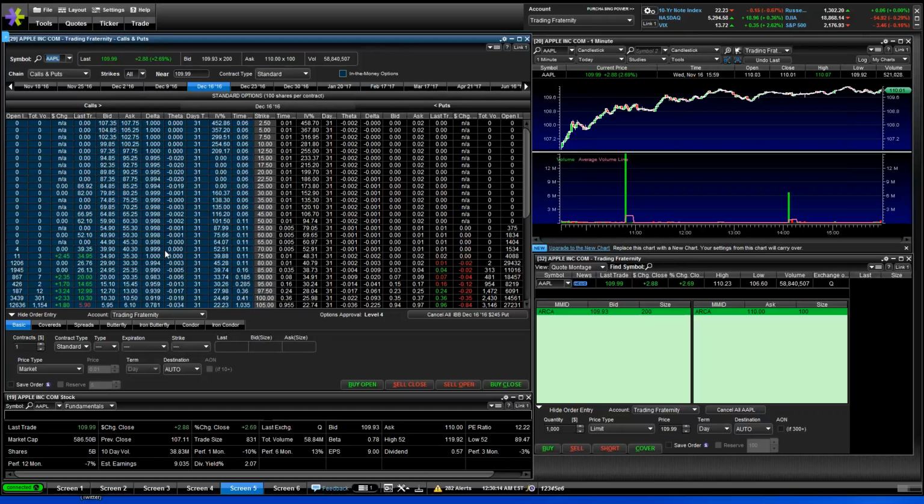A call is essentially the right to buy. You're buying a contract that gives you the right to buy a certain stock at a certain price, whereas a put gives you the right to sell. So one's the right to buy, one's the right to sell. Put side means that you get the right to sell your stock at a specific price.